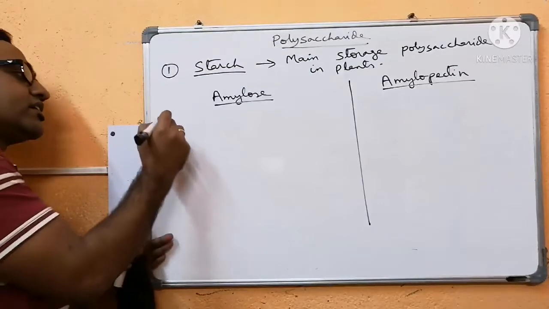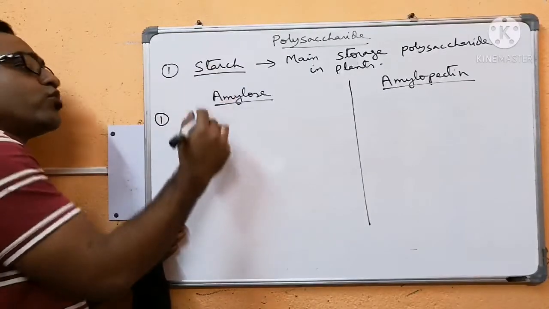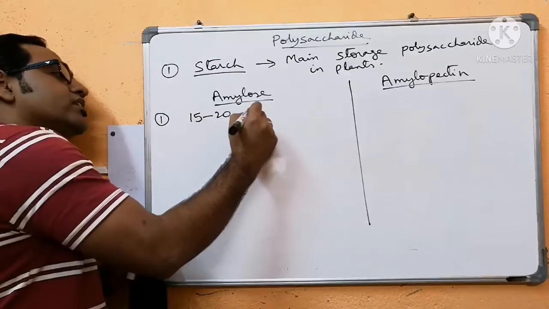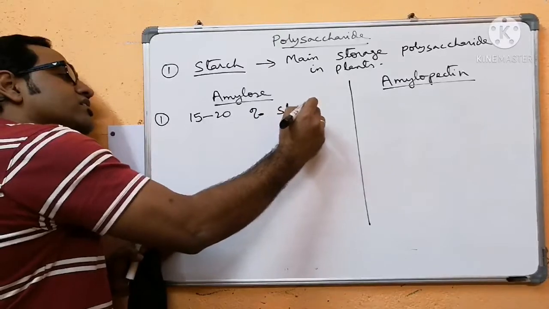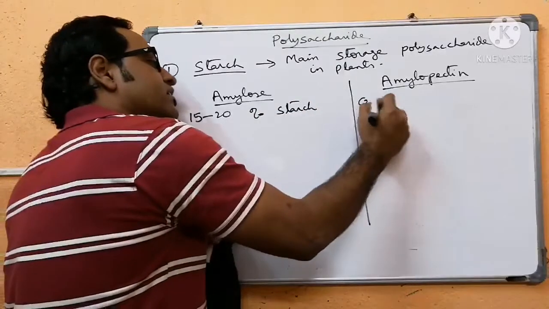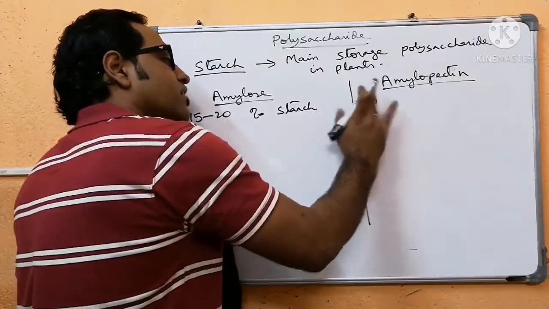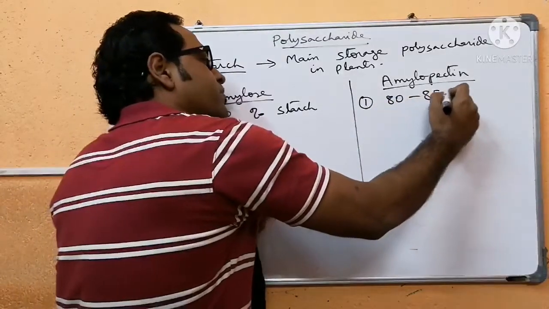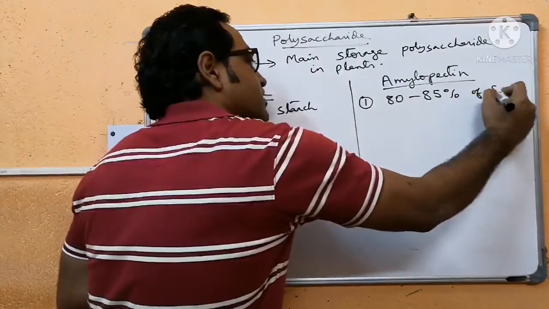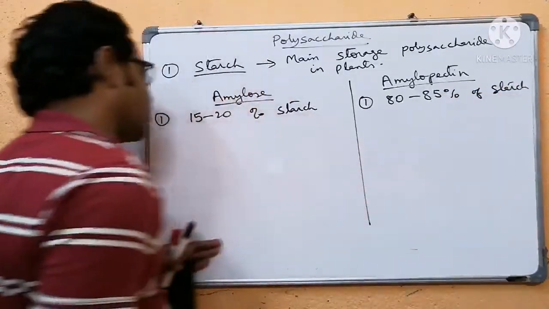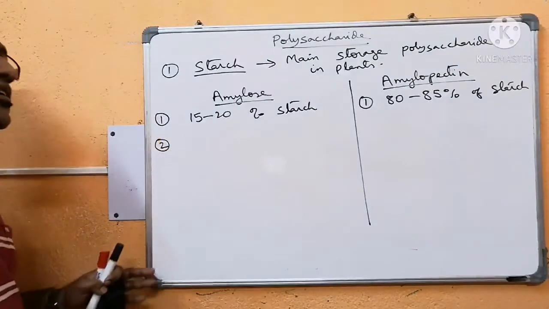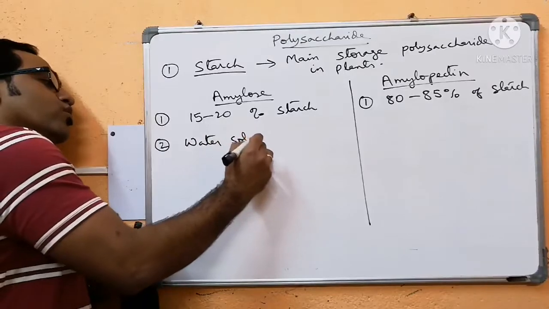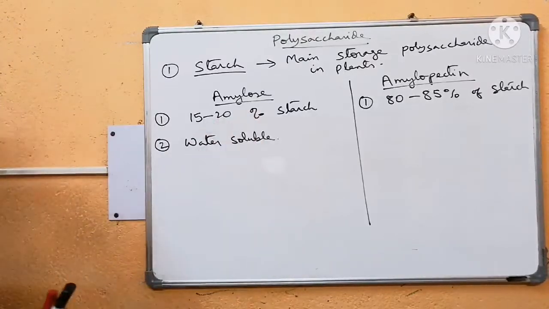How will we differentiate? 15 to 20% of starch is amylose. Here it is 80 to 85% of starch. Second point, amylose is water soluble. Now why it is water soluble, that also I will tell you.